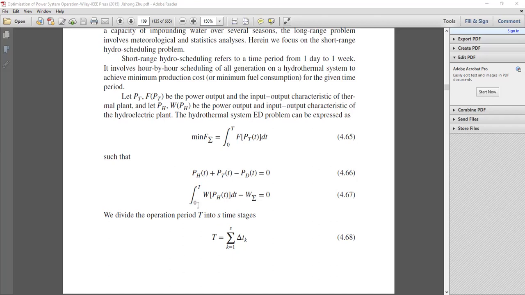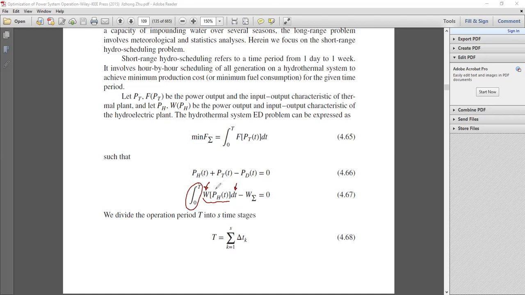So that means your power output, your generation from the hydro, is the water that you can use throughout this duration for generating some output. This can be translated as: the water that you would like to use throughout this duration from 0 to t integrated over dt.